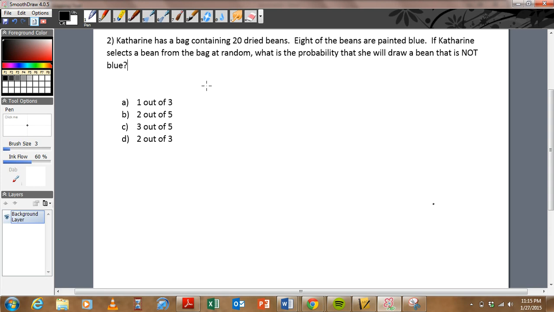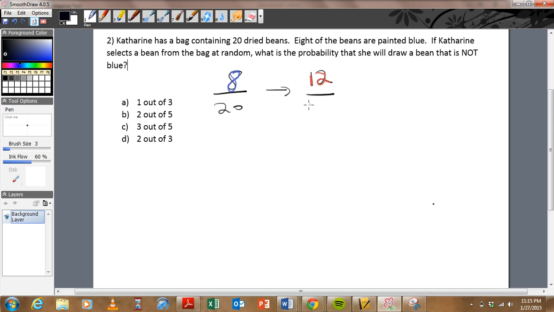So my sample space is going to be 20. That's the total number of possibilities. And there are 8 that are painted blue. So if I want not, I need to find the complement. So some number when added to 8/20ths will give me one whole, 20/20ths. So the total number that are not blue, actually maybe I'll make this 12 red, and I'll make this 8 here blue.